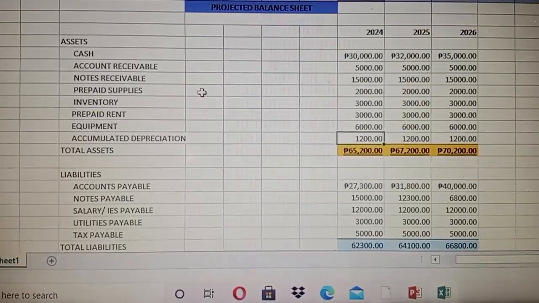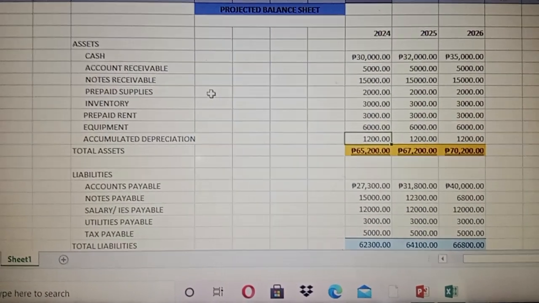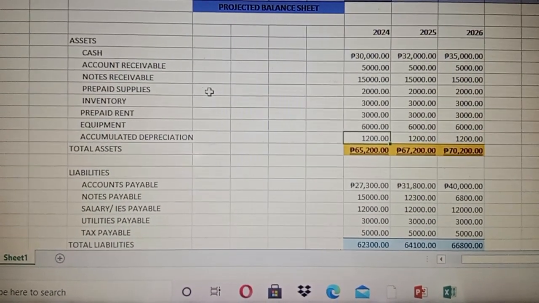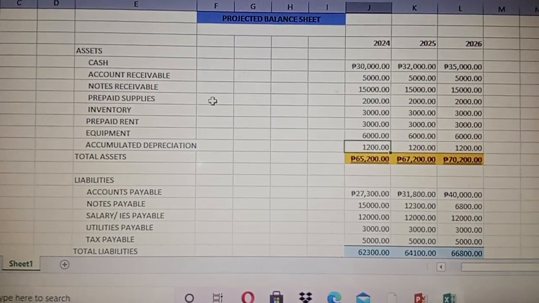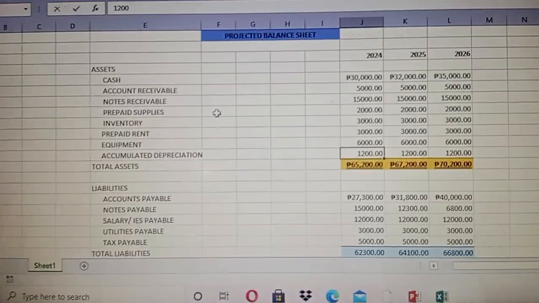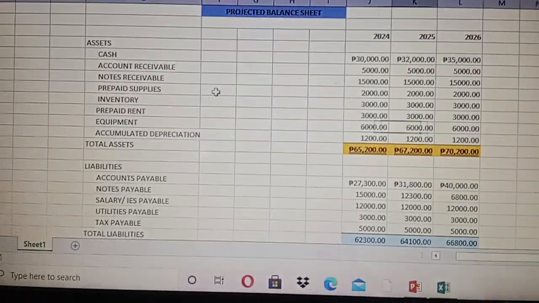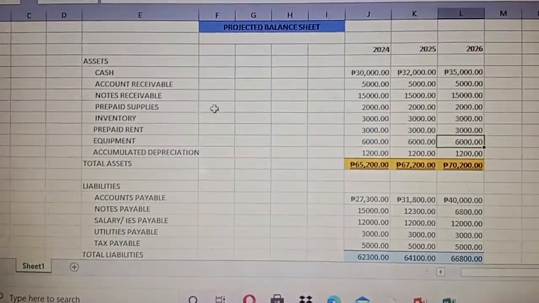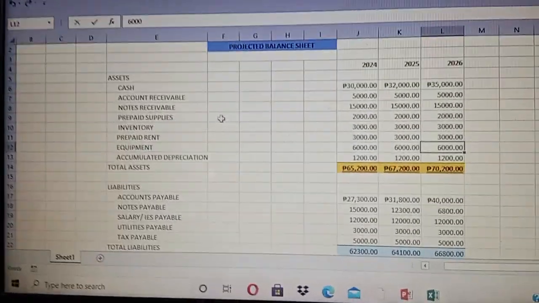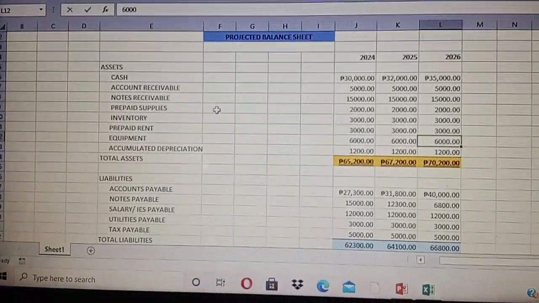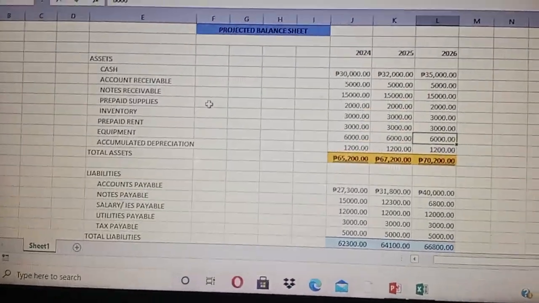But for your information as well, as part of the rules in accounting, the amount should be recorded from the time that it was acquired. It will be recorded at 6,000 in the first year until the upcoming years because of going concern, meaning as you use the equipment throughout the years, it will still reflect the same amount.